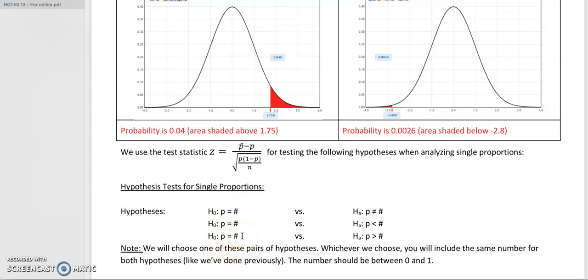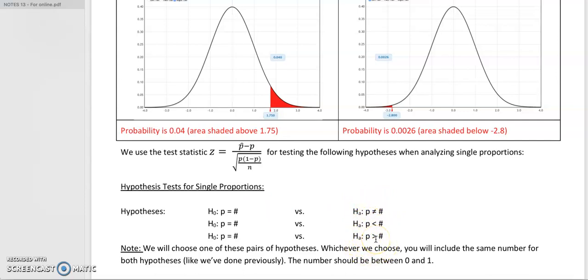So recall that before we would have said the population mean equals a number. Now we're talking about proportions, so we replace mu with the letter p to represent that population proportion. And then we've got three options. Our alternative hypothesis could say that p is not that number, it could say that p is less than that number, or it could say that p is greater than that number.